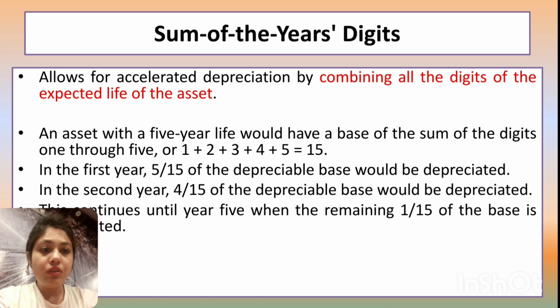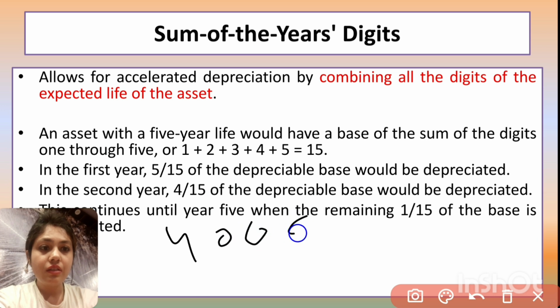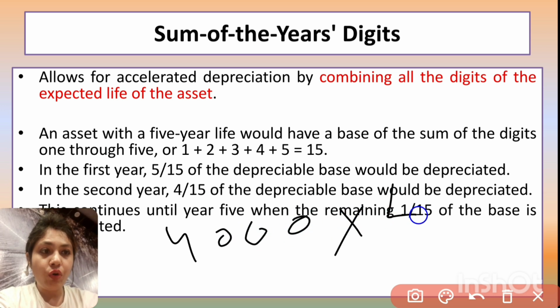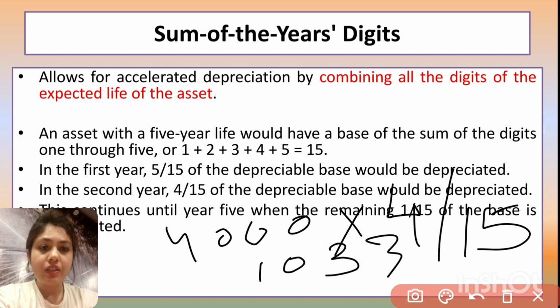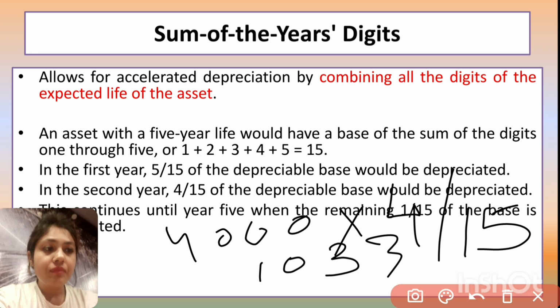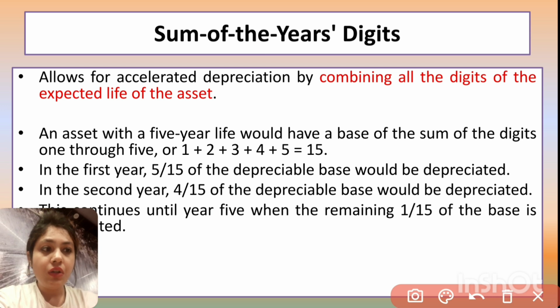Taking the cost 4000 into 4 divided by 15, right? This comes out to be around 1033. So we are going to continue this up till the last year.